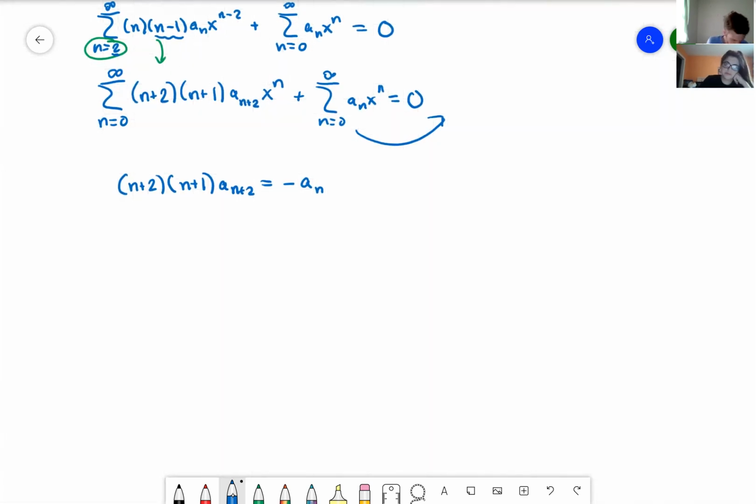So this is the relationship that we get among the coefficients. Now, I want to rewrite this a little bit, and say what a n plus 2 is. This is just a little cleanup step that I normally do to make this easier to think about.